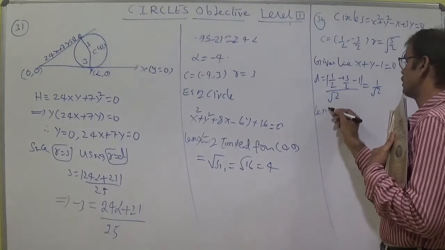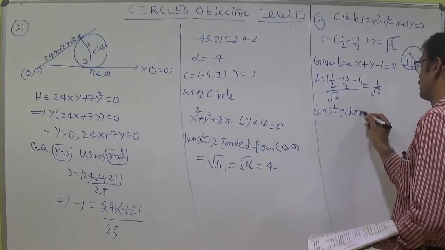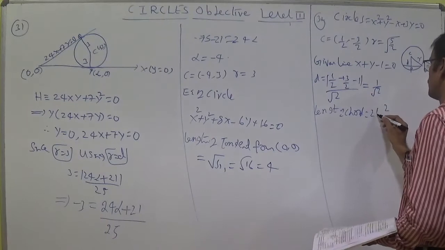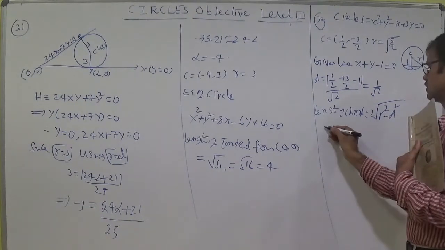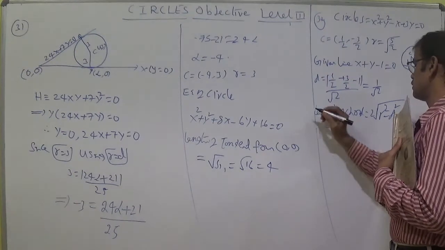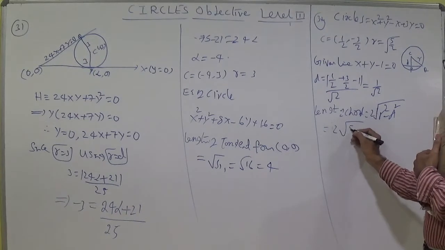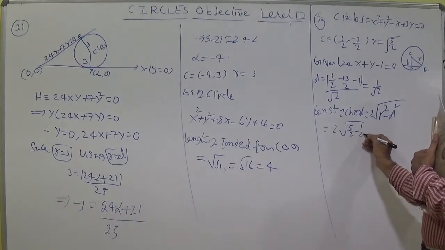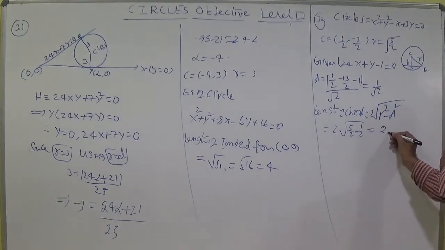Length of chord formula is 2 root r square minus d square. That is 2 into root of 5 by 2 minus 1 by 2. 5 minus 1 is 4, 4 by 2 is 2. So it is 2 root 2.